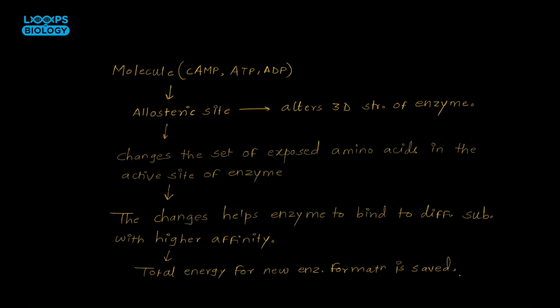So in this particular case, I am saving up the energy, and with less energy I am regulating more than one substrate through the activity of a single enzyme. Got my point? So a single enzyme is handling more than one substrate to form different products based on this particular allosteric site.